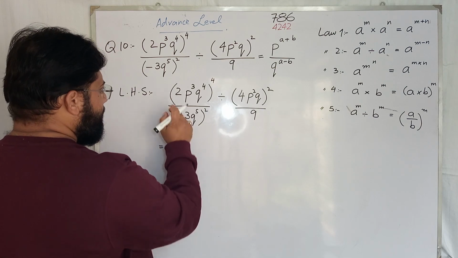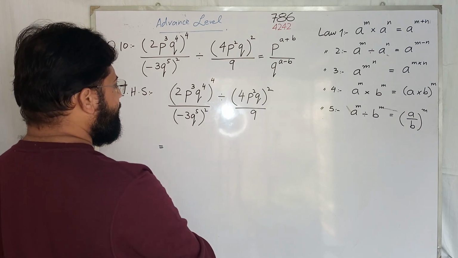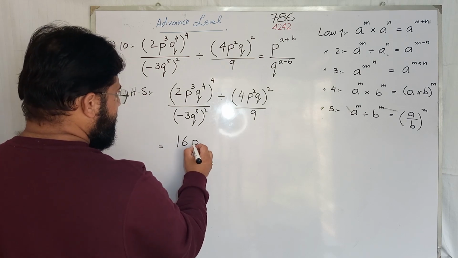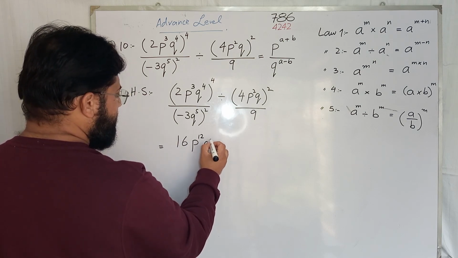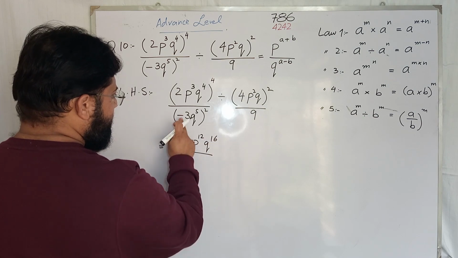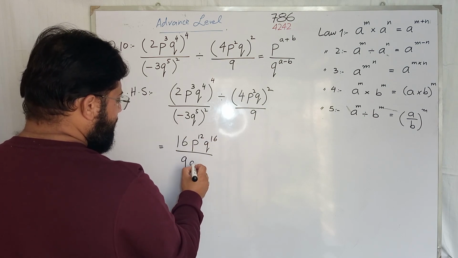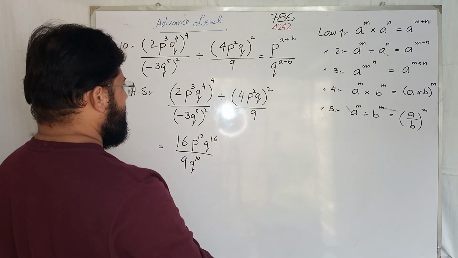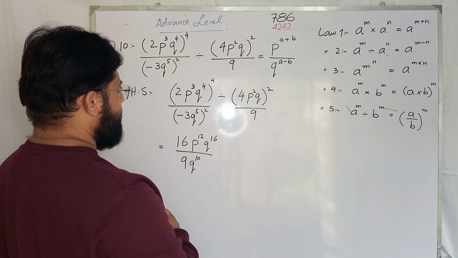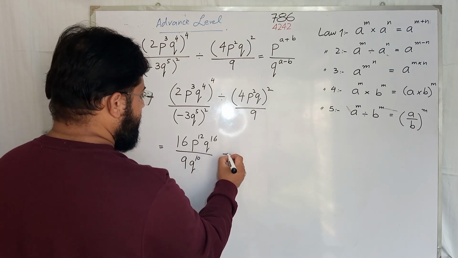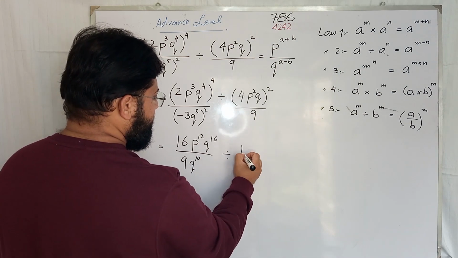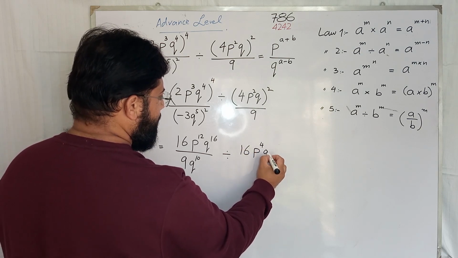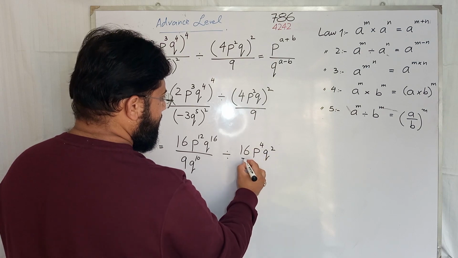Take its power 4. 2 to the power 4 means 2 into 2, 4, 4 into 4, 16. p¹² q¹⁶ divided by 9 q¹⁰. Q to the power 10. Right? Divided by 4² means 16, p⁴ q² over 9.